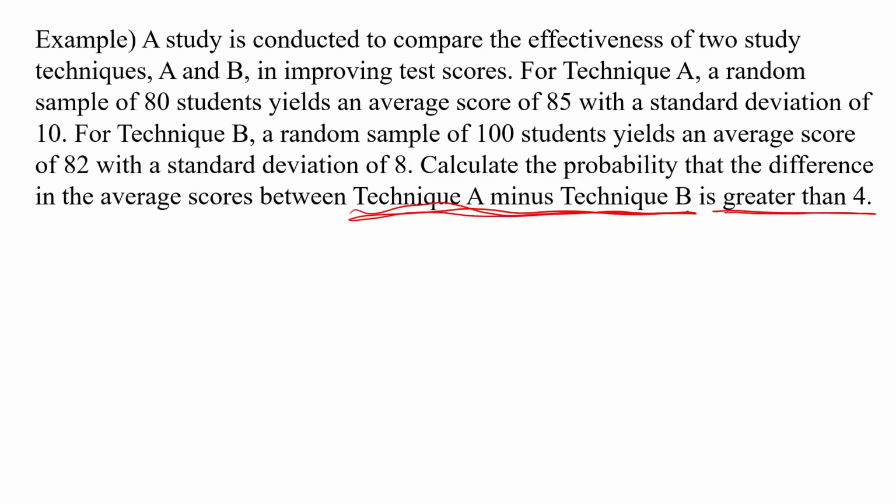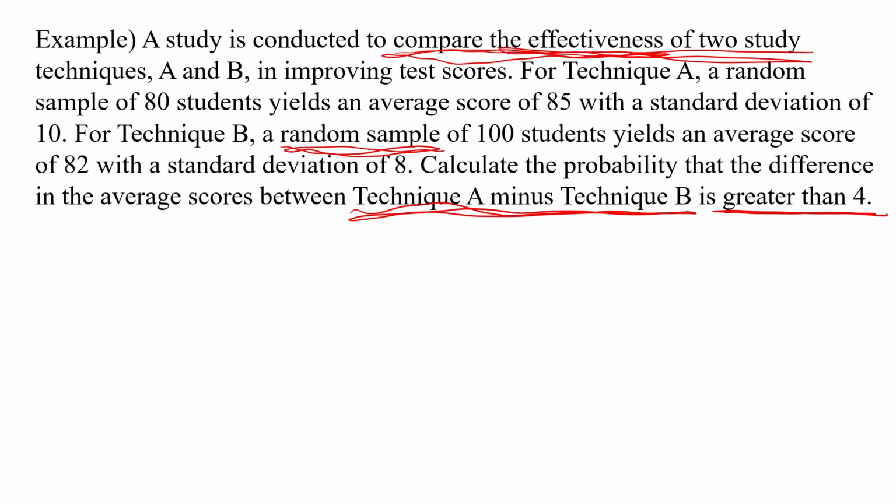Okay, so we have a very specific probability we are trying to find here, A minus B. Now, another thing I want you to recognize is that we are taking a random sample here. We are not running an experiment. So it's a little confusing sometimes because you see this phrase, compare the effectiveness of two study techniques, and you immediately think, oh, this must be an experiment, right?